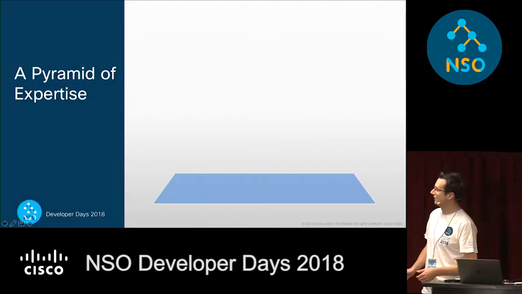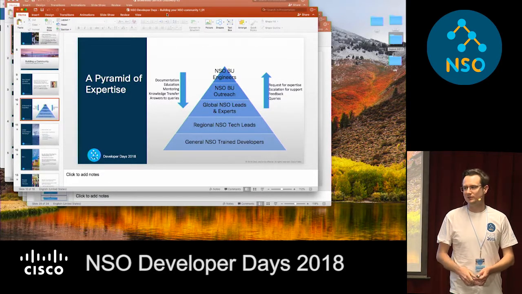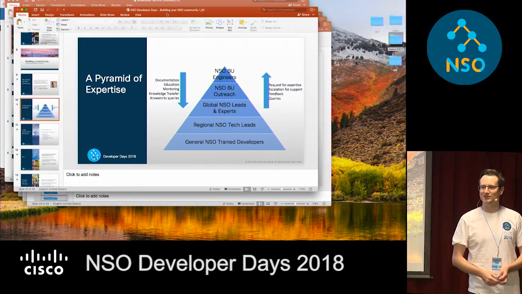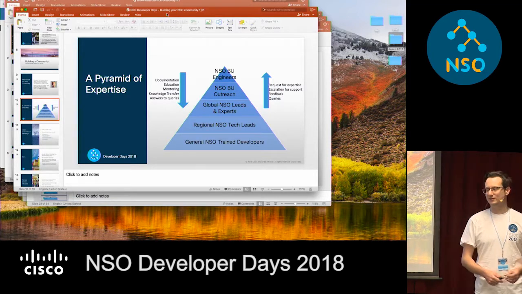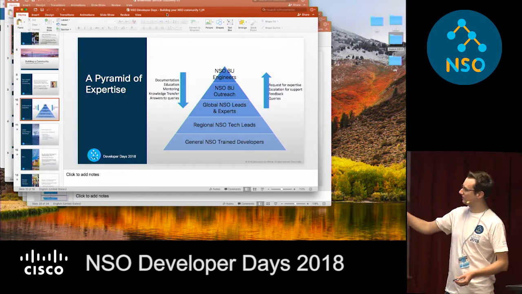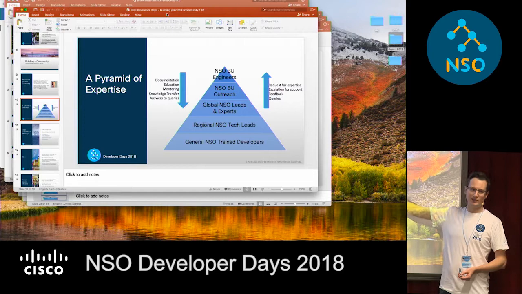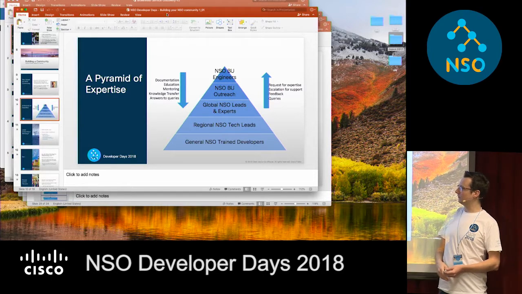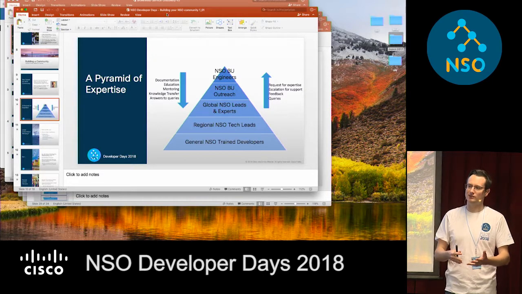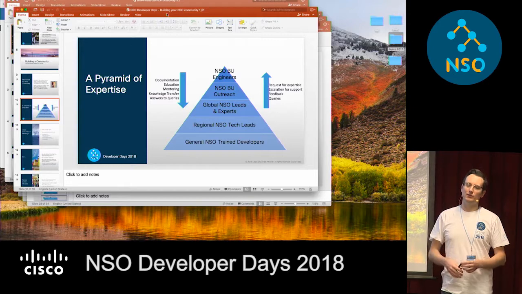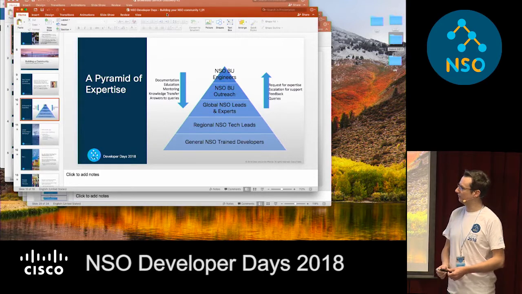Yeah. So at the bottom, you've got your generally NSO trained developers, people who've been on the courses from nil. Maybe you've got an in-house training plan, Cisco training, and this is the general population of people working on NSO. And then for us in advanced services, we have regional technical leads, people who have, through coaching, experience, training, able to lead a small NSO project on their own up to the largest projects that we do.